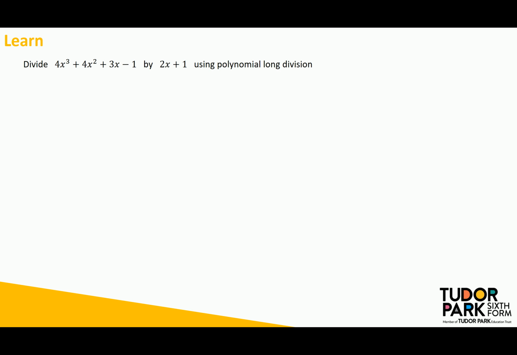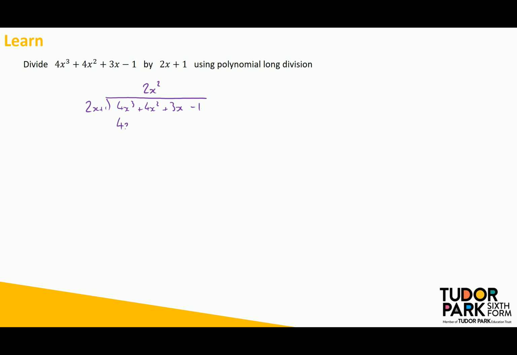Final example, same setup, 2x plus 1, 4x cubed, 4x squared, 3x minus 1. 2x's into 4x cubed is 2x squared times.